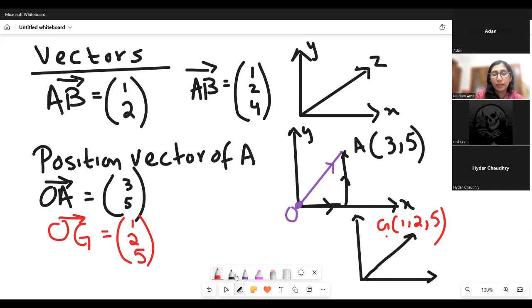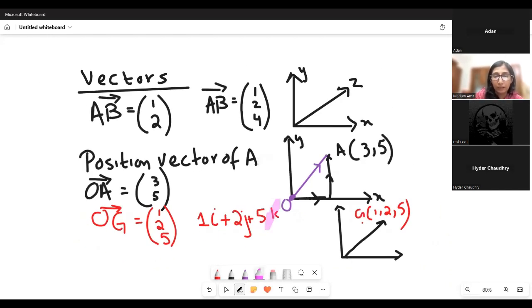By the way, in A-levels, this can also be written as 1I, or just I, plus 2J plus 5K. That means 1 unit in the I direction, 2 units in the J direction, and 5 units in the K direction. So you'll frequently see this in A-levels as well. Sorry, I keep saying AS, A-levels. Okay.